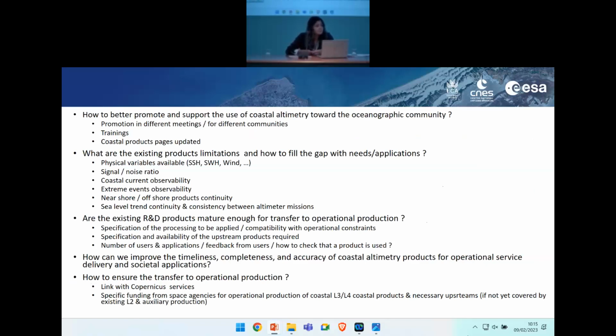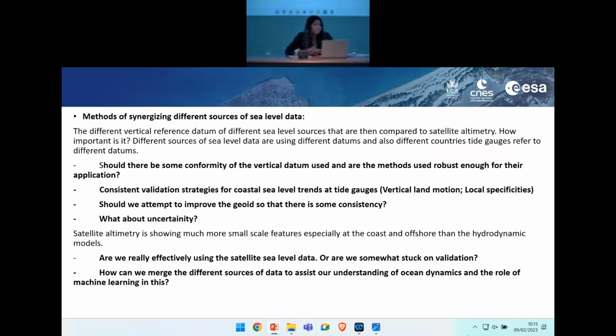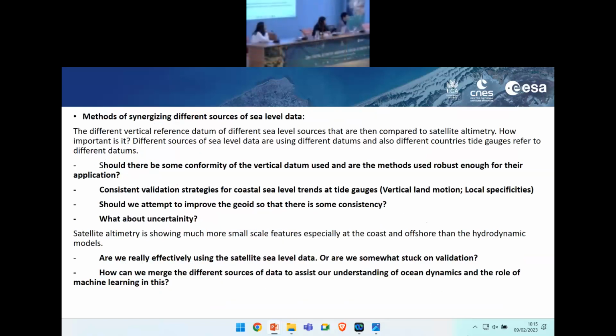I have a question about the validation strategy of sea level, not the sea level trend, but the sea level. For 30 years, we have been validating altimeter data: sea level, significant wave height, and wind speed. In the case of sea level, we have been using for 30 years specific tide gauge locations around the world, where you try to find one track close to your tide gauge.